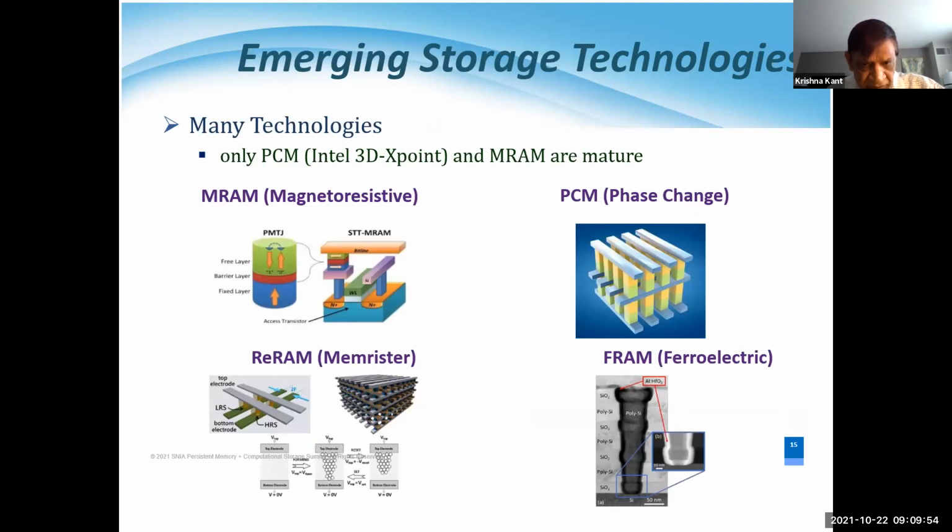There are other emerging technologies that do not have this problem, but they're expensive. There are two technologies, particularly the phase change memory, commercialized by Intel as Optane, and then the magnetoresistive memory, such as STT-MRAM. Those are the two fairly mature technologies. There are a whole bunch of other technologies.